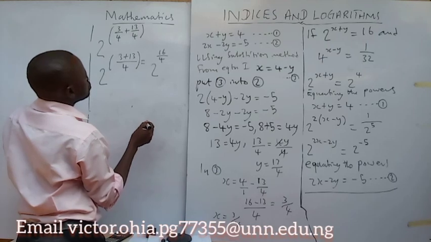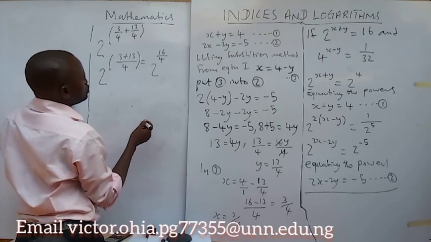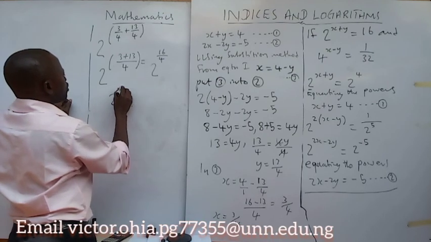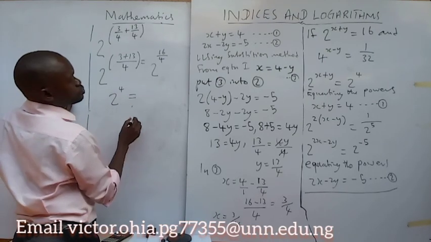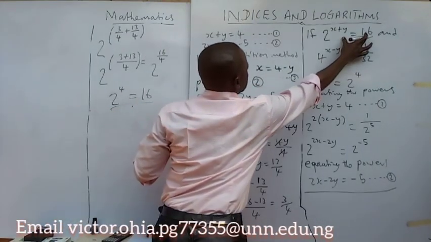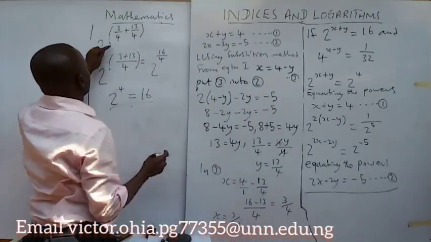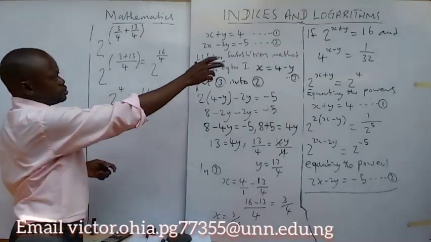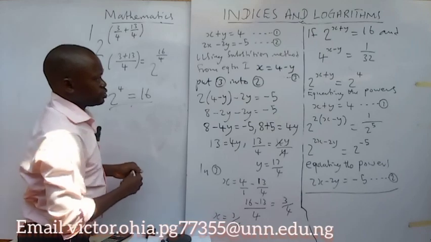Okay, so 16 divided by 4 is 4. So what do we have now? We have 2 raised to power 4. And 2 raised to power 4 is what? 16. So I think it's very, very correct. You can see that 2 raised to power x plus y is equals to 16. The explanation there is very, very correct.